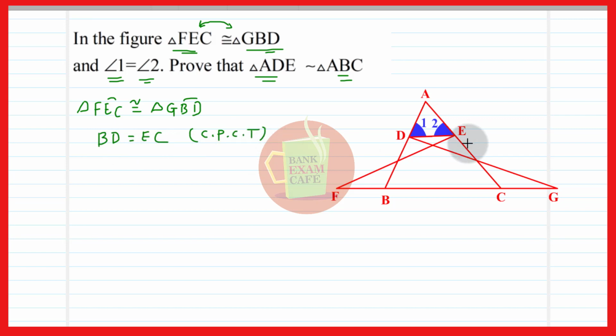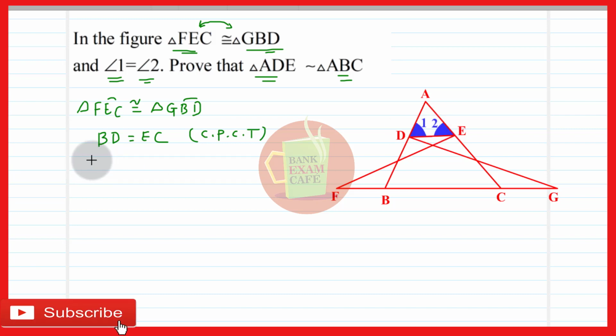Now here we also know that in triangle ADE, it is given that angle 1 is equal to angle 2. It means AD is equal to AE, because sides opposite to equal angles are also equal.